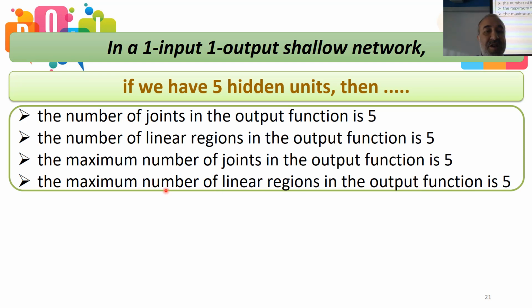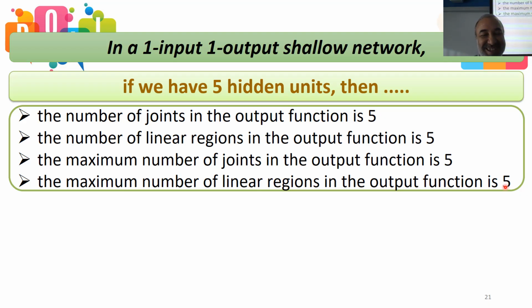What if we say the number of linear regions is 6? Again, it's the maximum. We cannot guarantee that we have 6. So the maximum joints is 5, maximum linear regions 6. Is that clear? The maximum is always plus 1, because 5 joints means 6 regions.